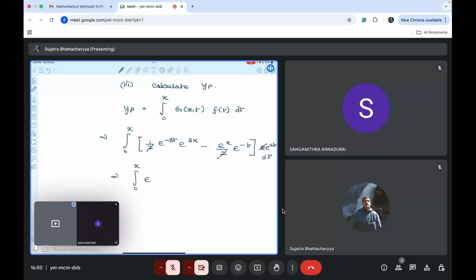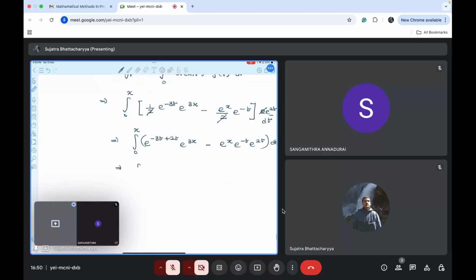So one integration will be e to the power minus t. This e to the power 2t, if I multiply, becomes e to the power minus t e to the power 2t, integrated from 0 to x, of e to the power 3x minus e to the power x e to the power minus t e to the power 2t dt. Fine.